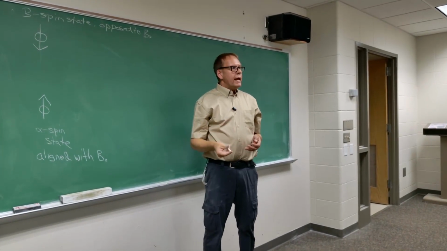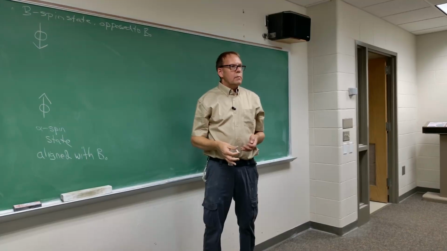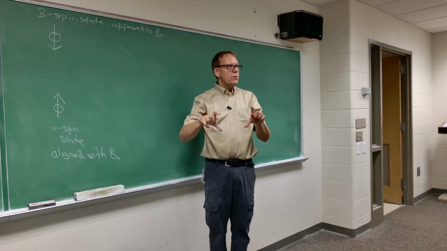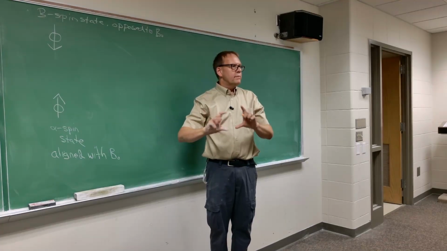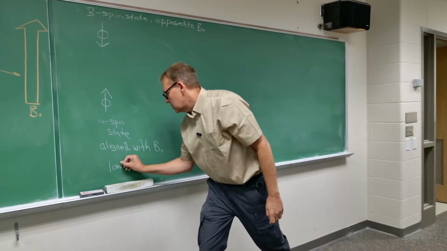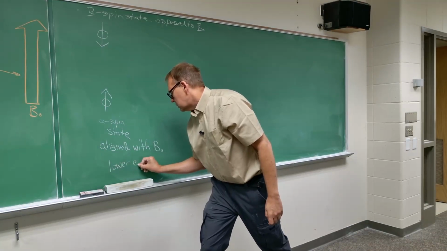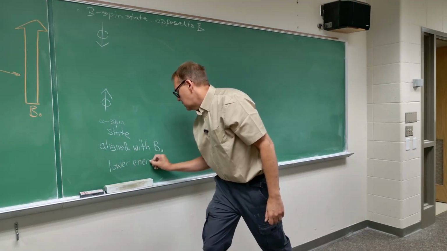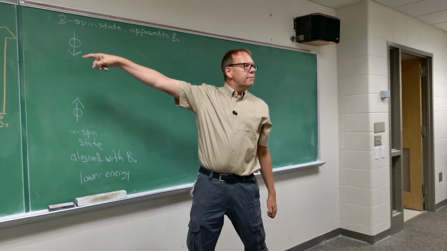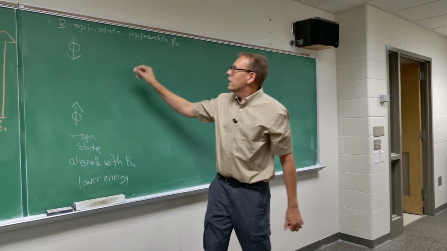And if you're a little magnet and you're aligned with the big magnet, that's a lower energy state. The poles are lined up, so the fields aren't fighting each other. This is the lower energy state. And up here, where it's fighting the magnetic field, this is a higher energy state.